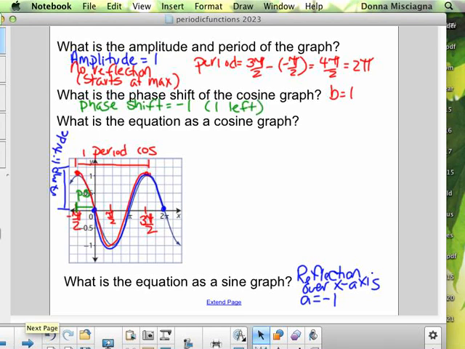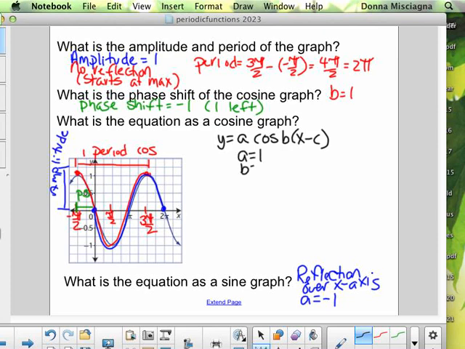So for the cosine graph, we have y equals a cosine bx minus c. A is 1, B is 1, and C is negative pi half. Oh, I put 1 left. I'm sorry, it's not -1.